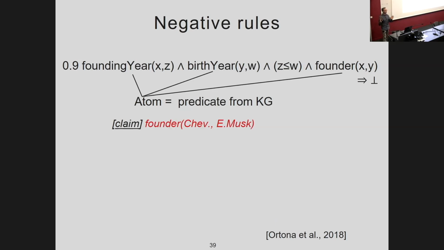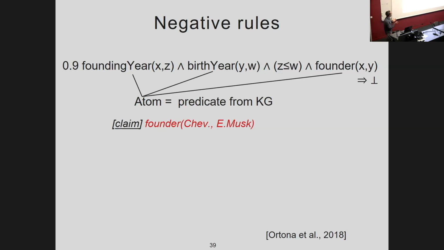So it is totally unsupervised. You take your structured data, you start counting, you find patterns, and you say, given all this evidence, I believe there is a rule. There is a pointer to one paper that tries to mine these negative rules.